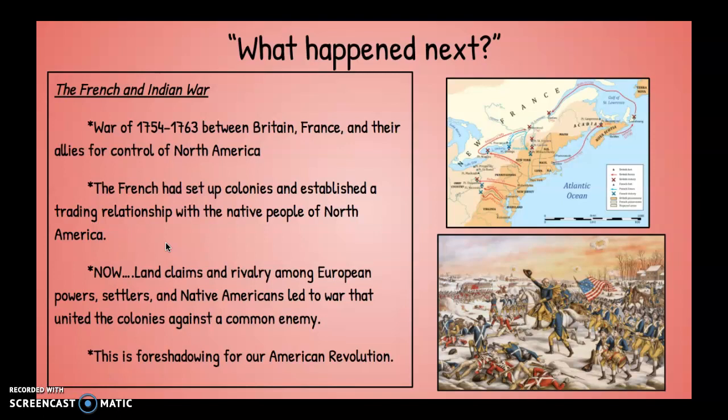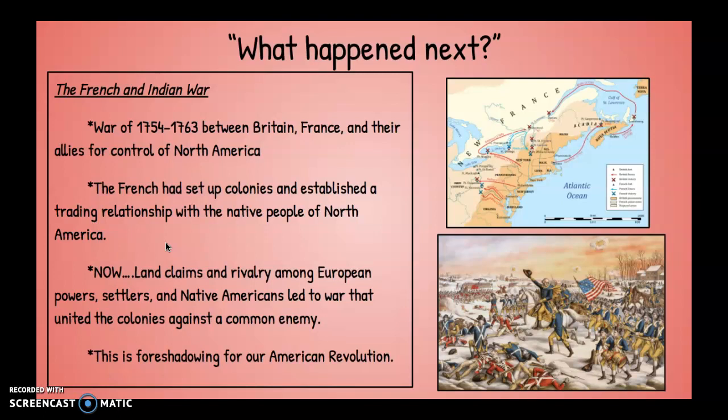I think the last two bullet points are the most important to kind of conceptualize, to make sense of. It says now land claims and rivalry among European powers, settlers, and Native Americans led to war that united the colonies against a common enemy.